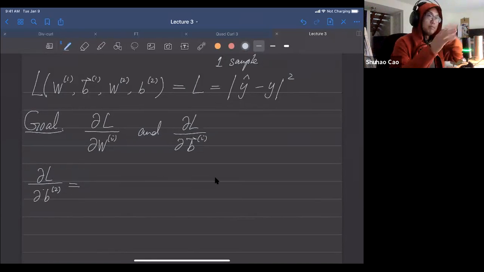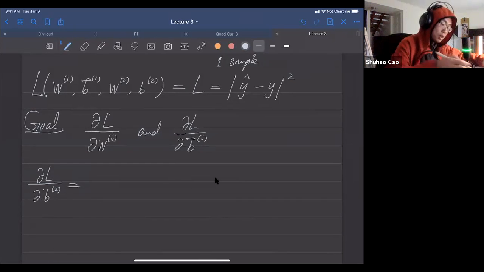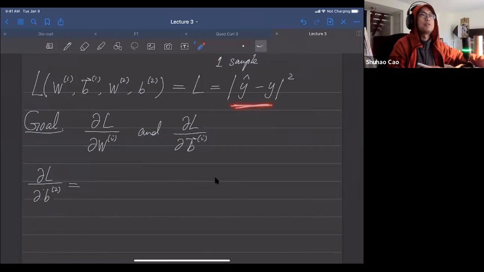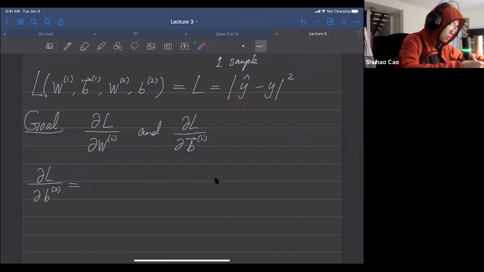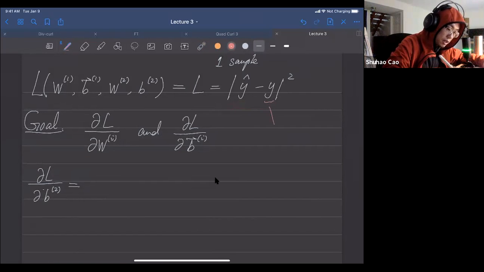So I don't want to write everything explicitly first. What we first do is we take a look at this expression of our loss function. Okay. So what I want to emphasize is this is not a variable for the loss function.